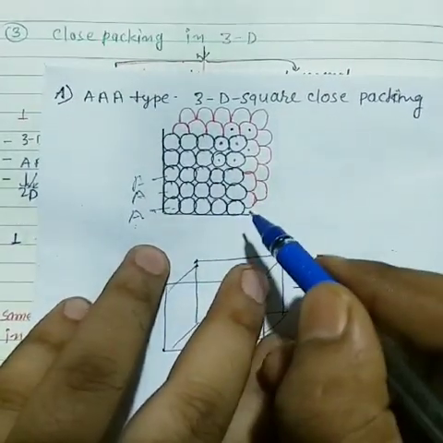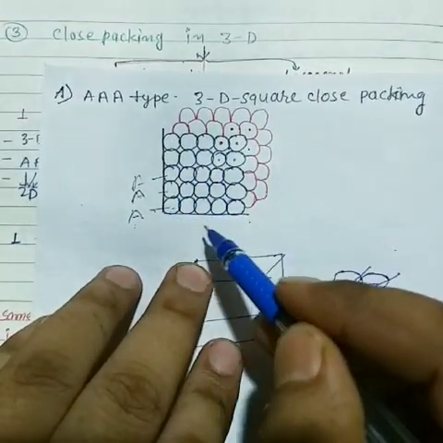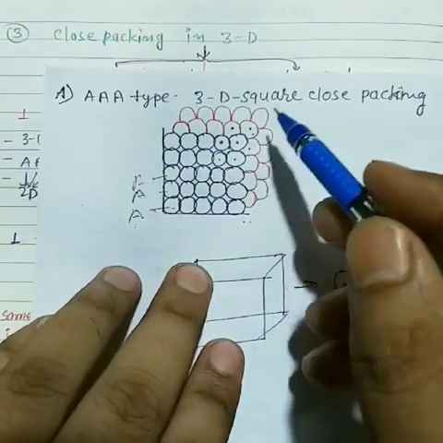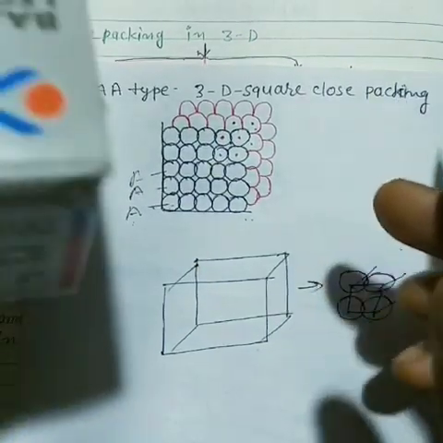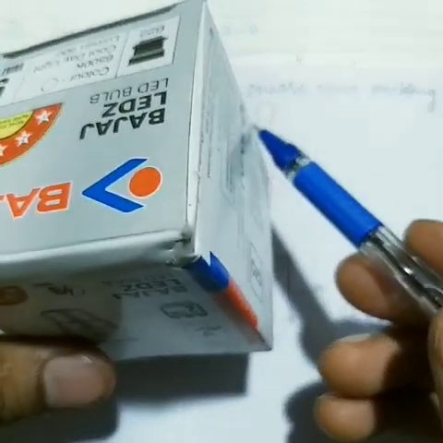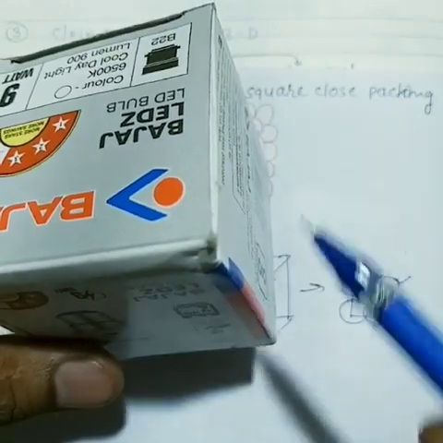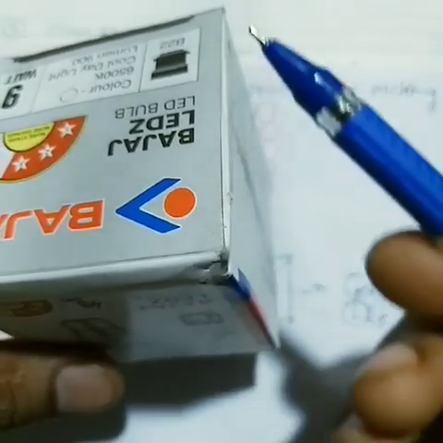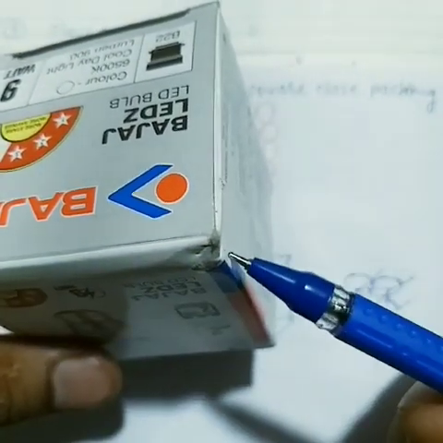So now look here students, there is length, width and also height. What you have to understand students is that here it is a cube. That means length, width and height, all the things, one face, another face and another face.